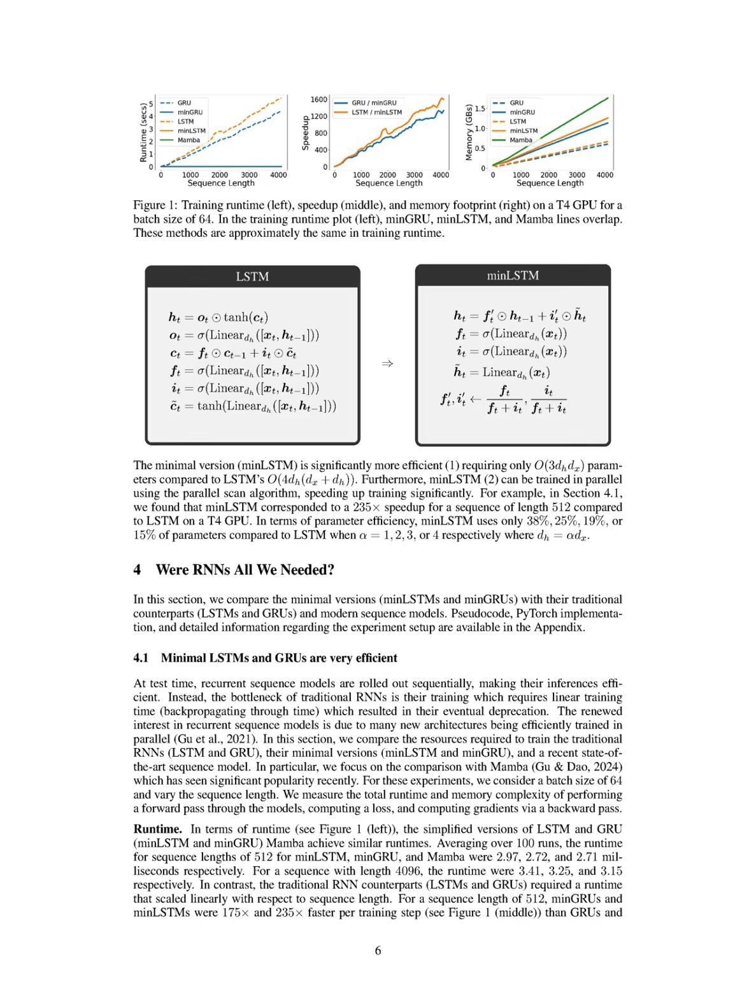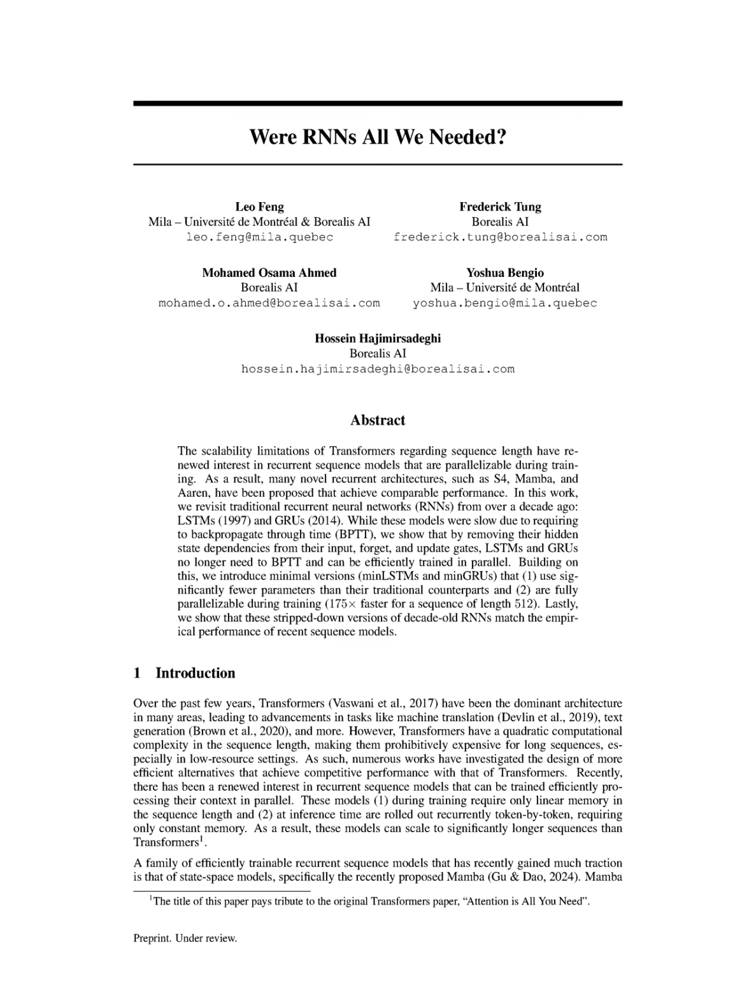This reduction allows minLSTMs and minGRUs to use only 33%, 22%, 17%, or 13% of the parameters of GRU when varying the state expansion factor, leading to more efficient models that maintain competitive performance. Overall, these improvements enable minLSTMs and minGRUs to scale effectively to longer sequences while being computationally less demanding.